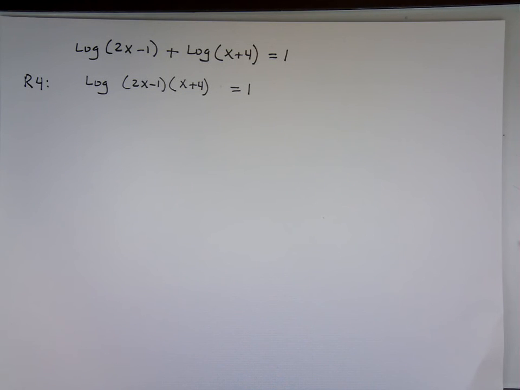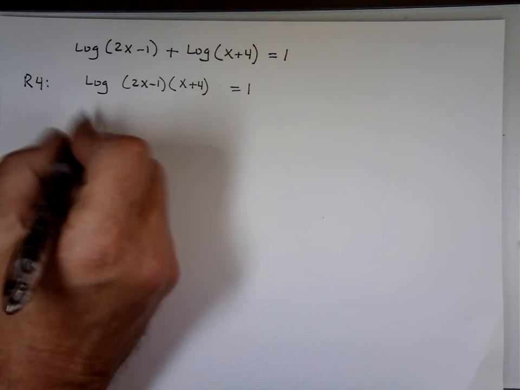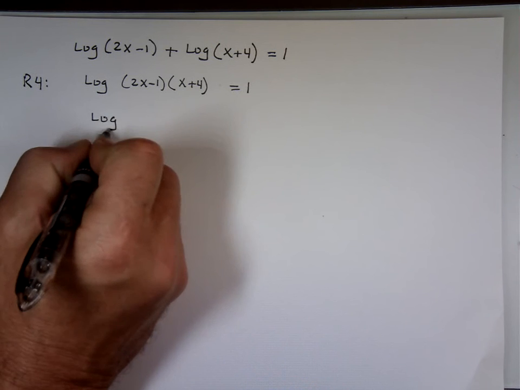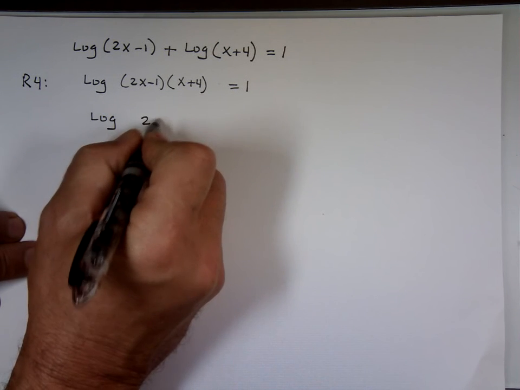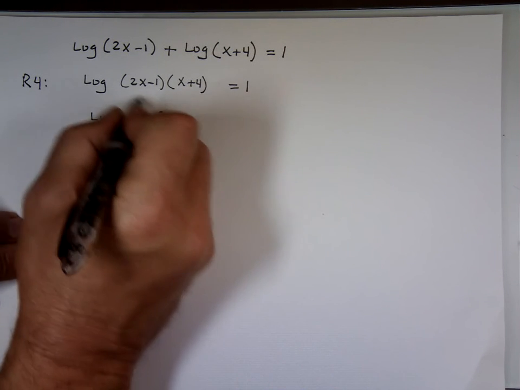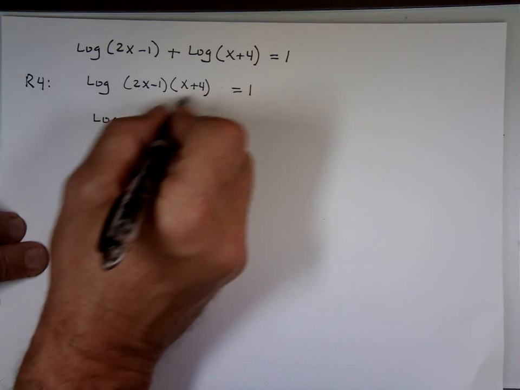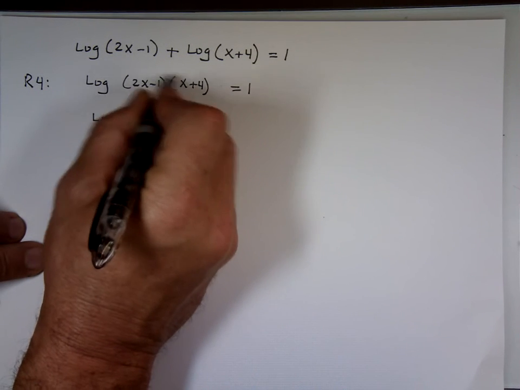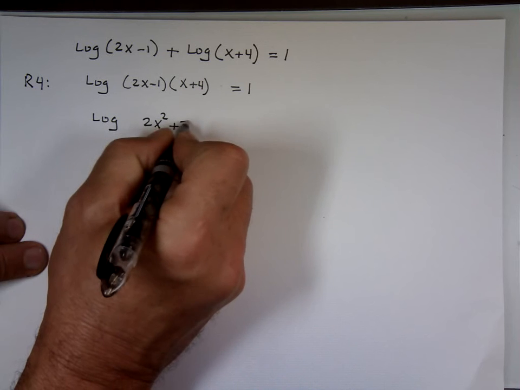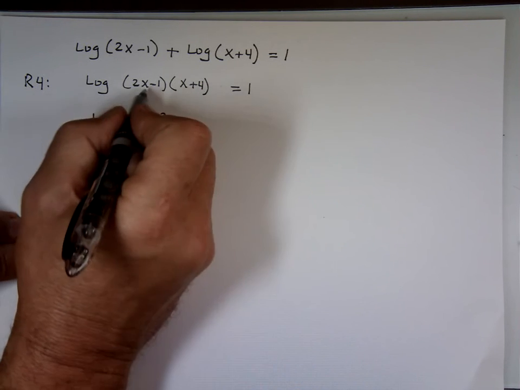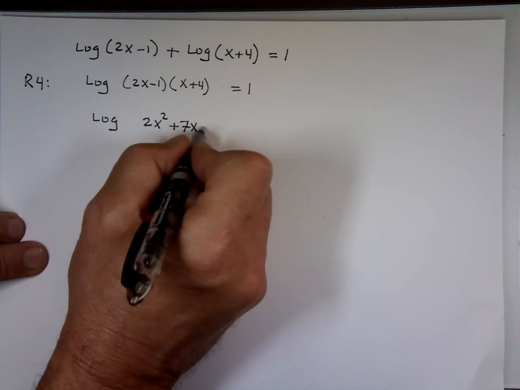If you multiply these out, you will have what? The FOIL method, 2x squared, has 8x here. 8x minus 1x is what? 7x. What's a negative 1 times 4? Negative 4.